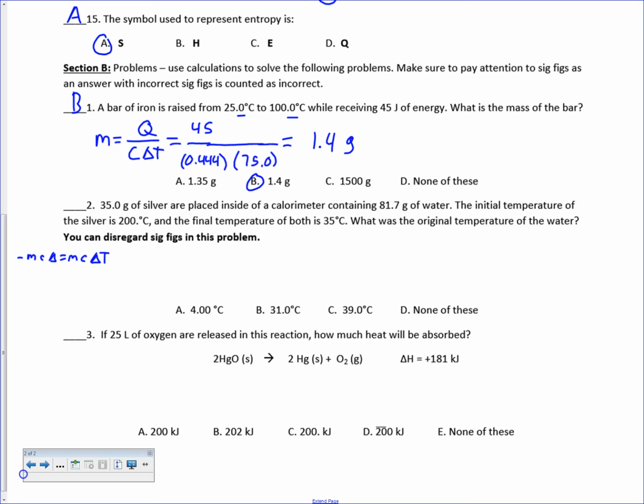So plugging things in here, I get negative 35.0 for the mass, times C for silver is 0.237, times delta T, the silver. It goes here from 200 degrees Celsius, that's 200 points, so it's to the ones digit, to 35, which is also to the ones digit.